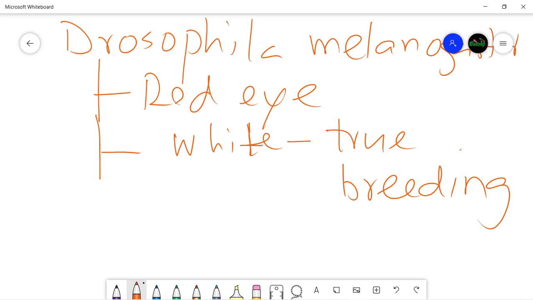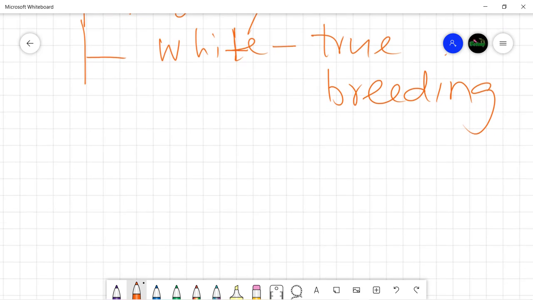The white-eyed flies remained white-eyed from generation to generation. So to find the pattern of inheritance of this white-eyed fly, he crossed a white-eyed male with a red-eyed female.